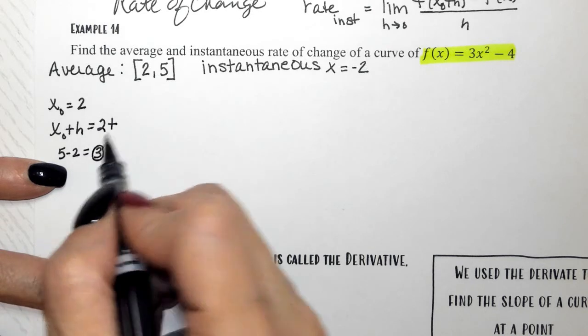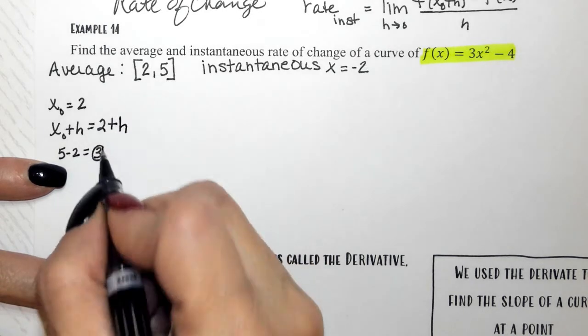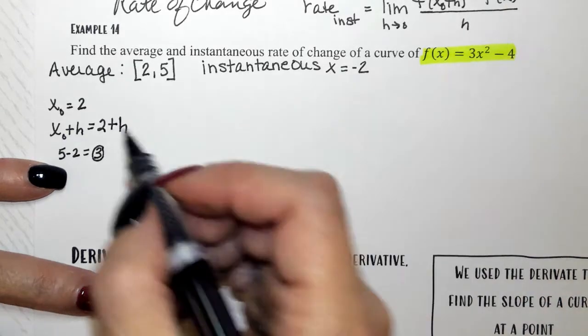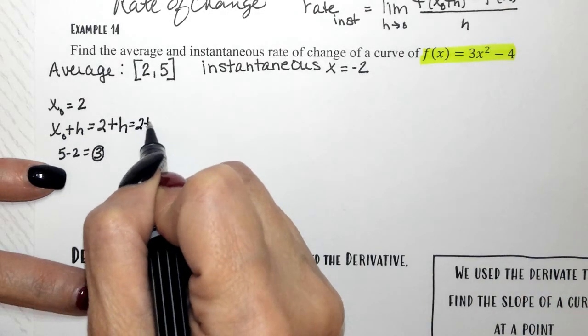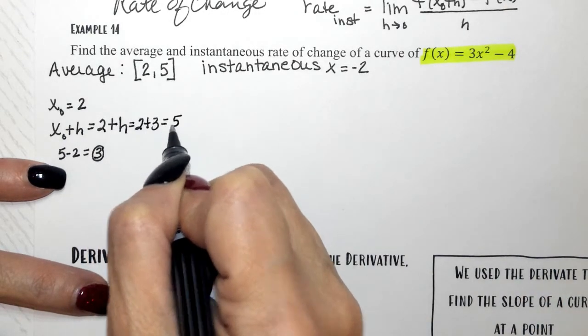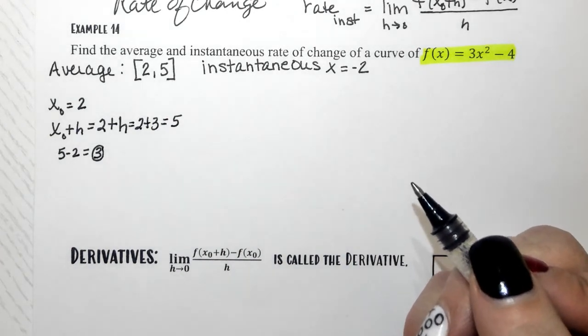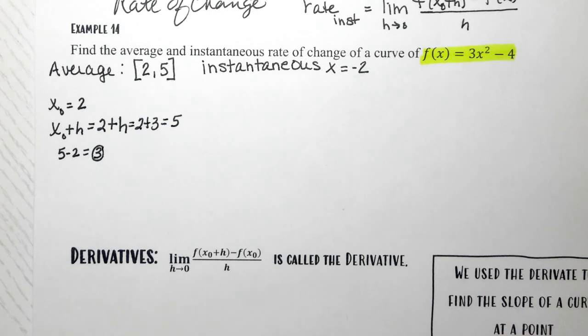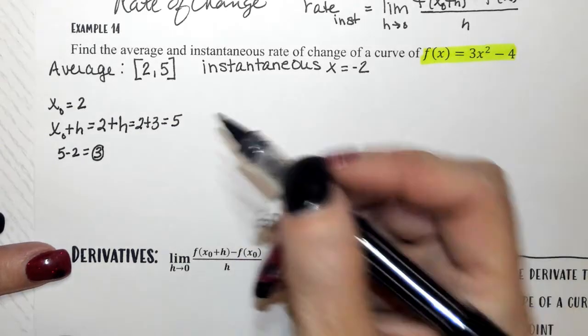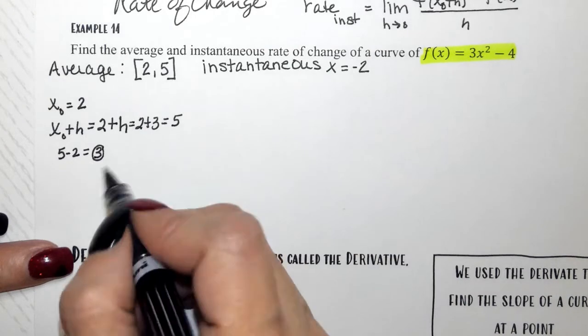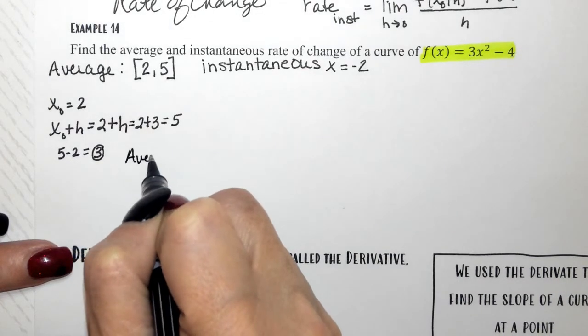H would be 3. So 2 plus h, and in this case, 2 plus 3 is 5. Okay, so you got to kind of think about it like that. Remember how we just found the slope using the points and did it that way? You could also just do it that way. It might actually be easier to do it that way. I don't know.